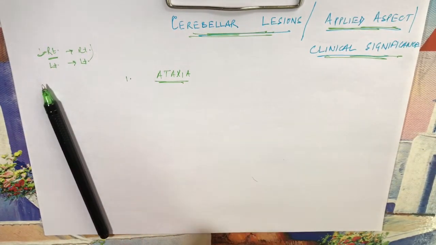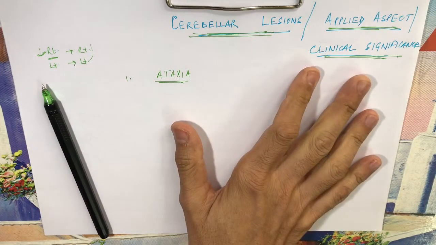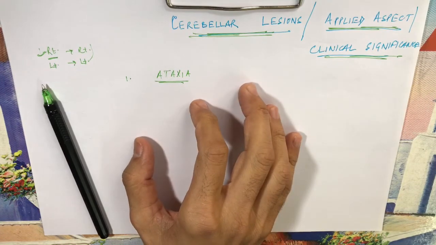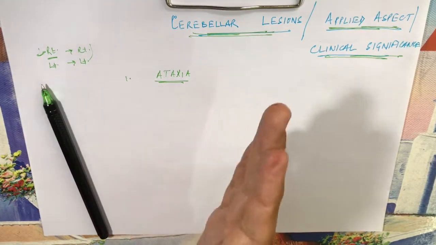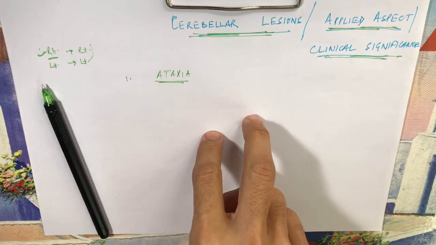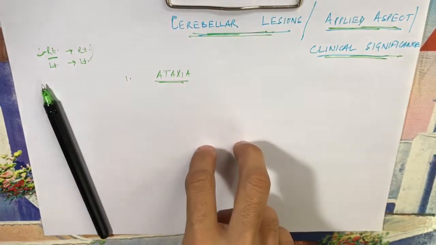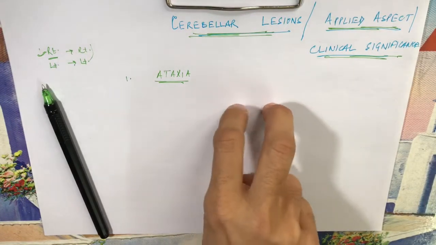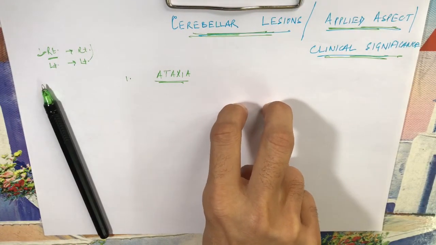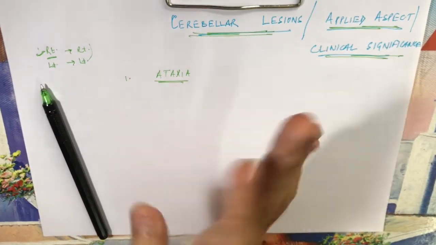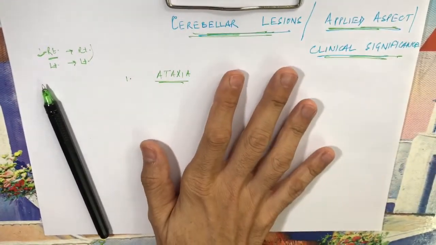That damage will affect the smooth movement, right. So there will be incoordination in the movement, like if you are walking, how you are walking is called the gait. So that gait will get disturbed. Why? Because due to the lesion, the rate, range, force and direction of the movement are affected.